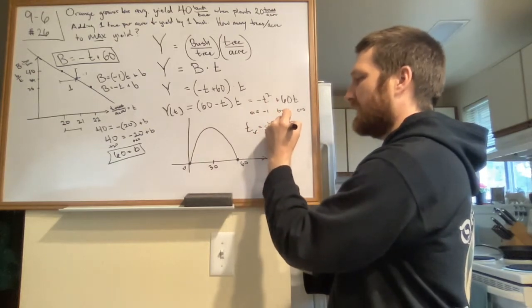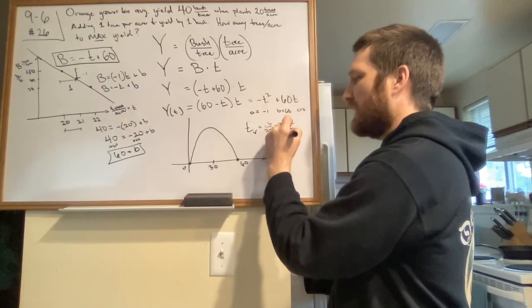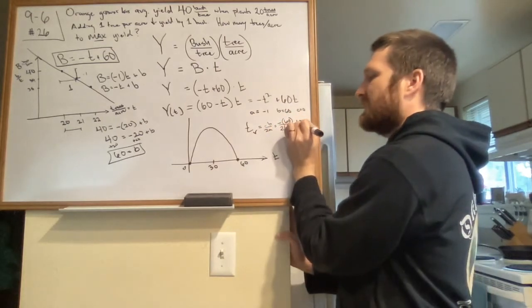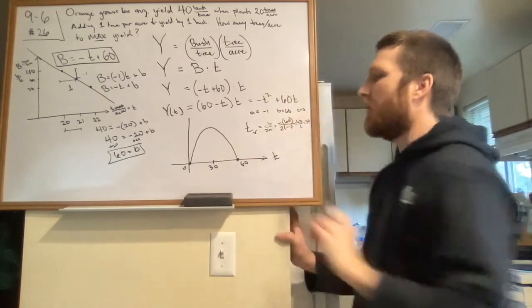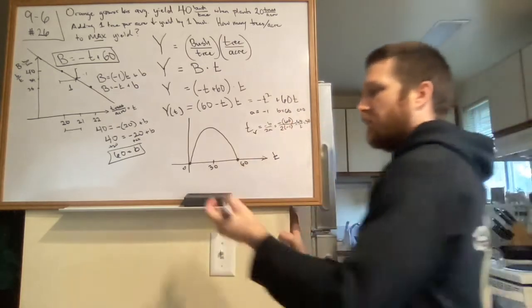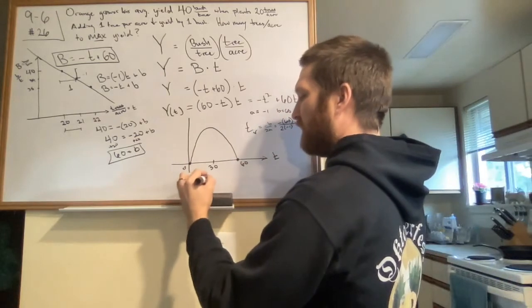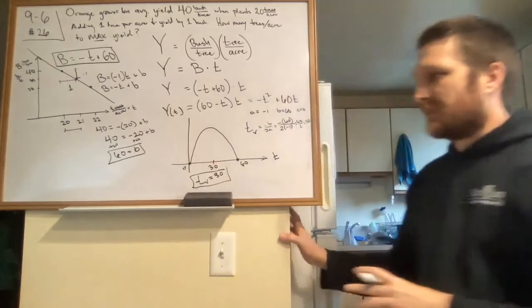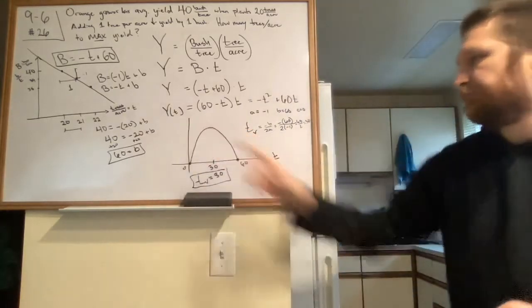Negative b is negative 60, over 2 times -1. Negative over negative is positive, so we have 60 over 2, which is 30. However you want to do it, the t value of your vertex is equal to 30.